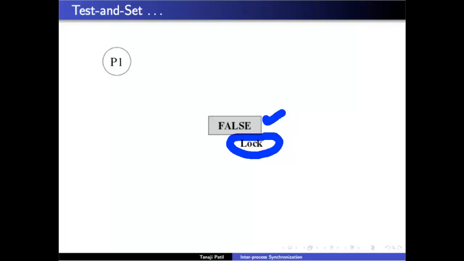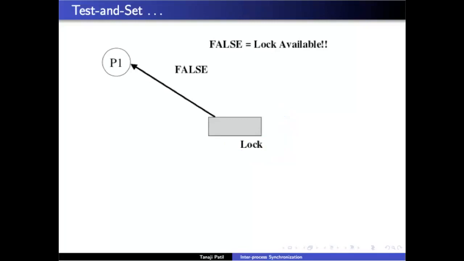And how it works is something like this. The first part is to test the lock. Previously it was false here, and the meaning of false is the lock is available.